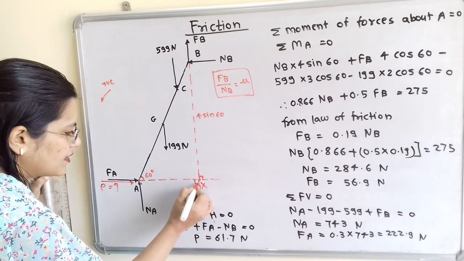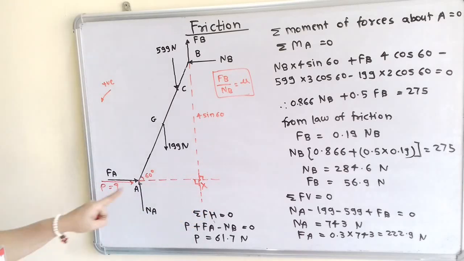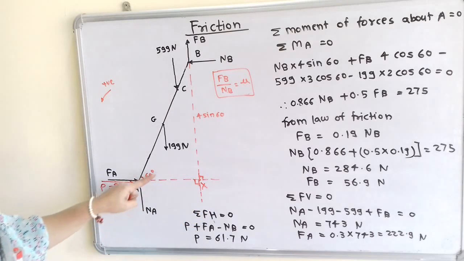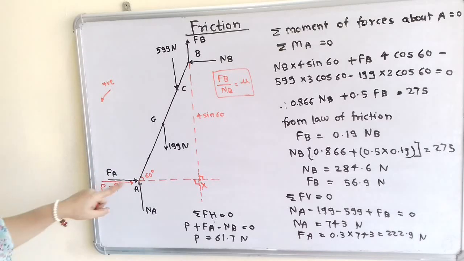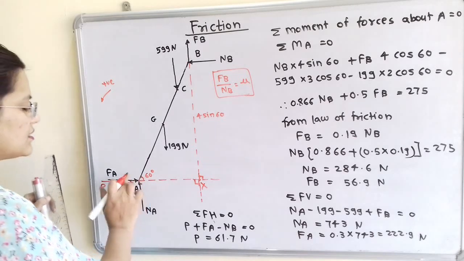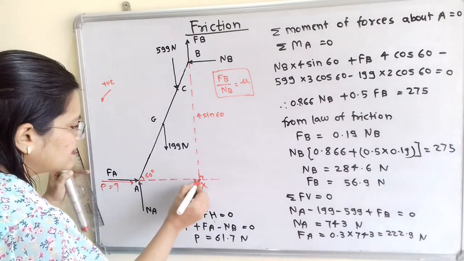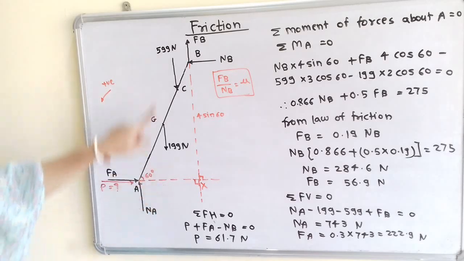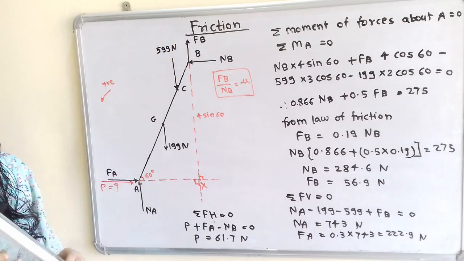So here the angle is 90 degree. So A to X distance is nearby to 60 degree and length AB is known. So we can say 4 cos of 60, because it is nearby to the length. So AX is equal to 4 cos of 60 multiplied by FB.